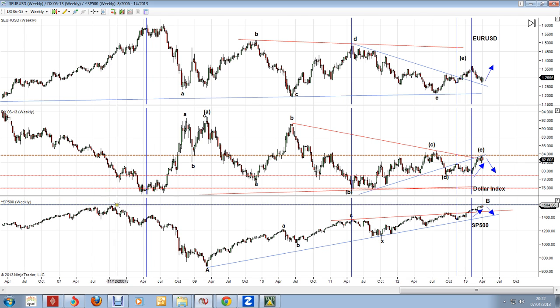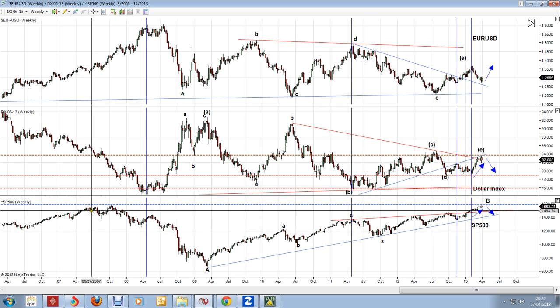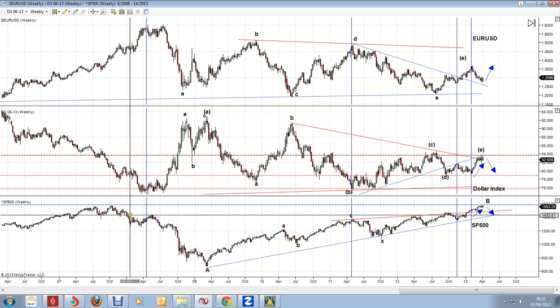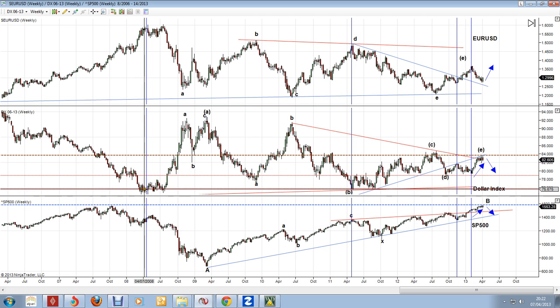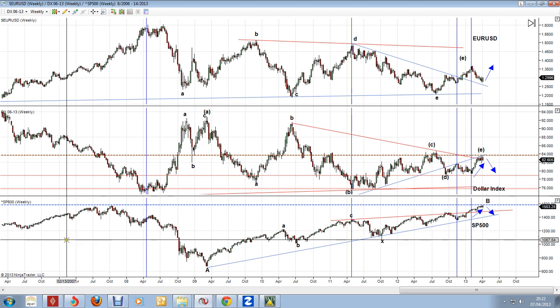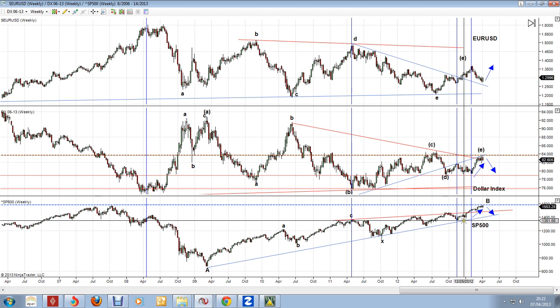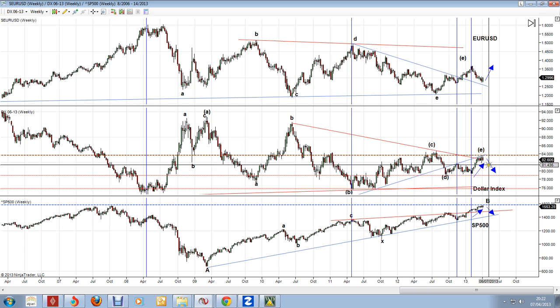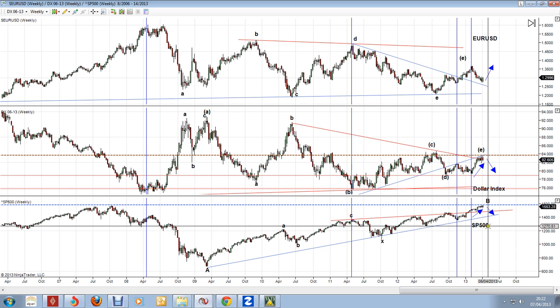For example, over here you see the equity index rising and the dollar index falling, but then there was a short period when both of them were falling together, and then they snapped back to the normal relationship, which is the negative correlation. So I think we are in a period where we are currently positively correlated, but there will come a time when the equity index and dollar index go back to their normal relationship.